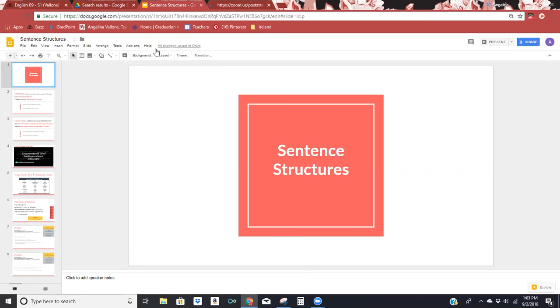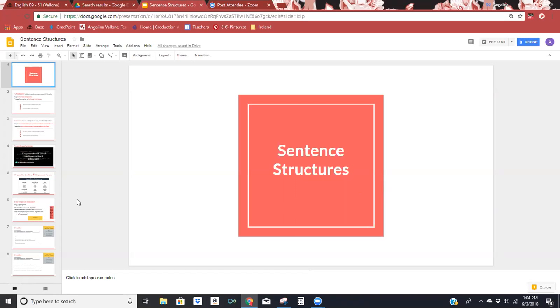It's mostly because I realized while I was preparing this morning that the reason we have the sentence structures covered twice is because students are struggling with two different assignments that have to do with sentence structures.